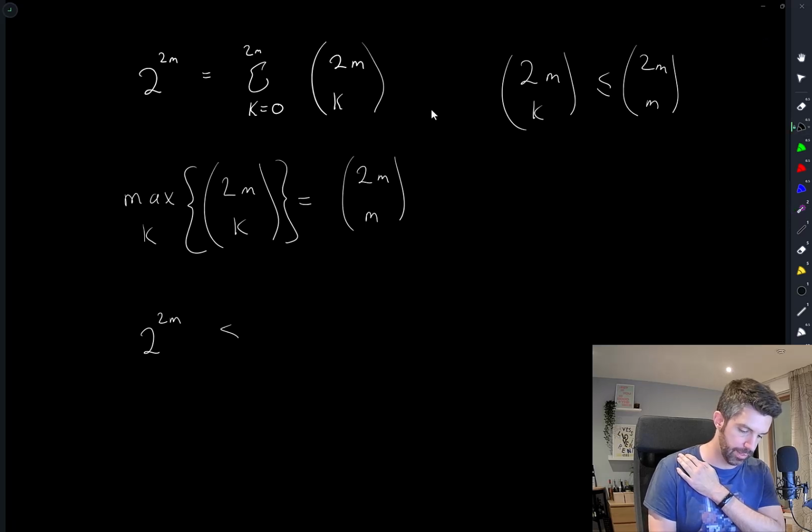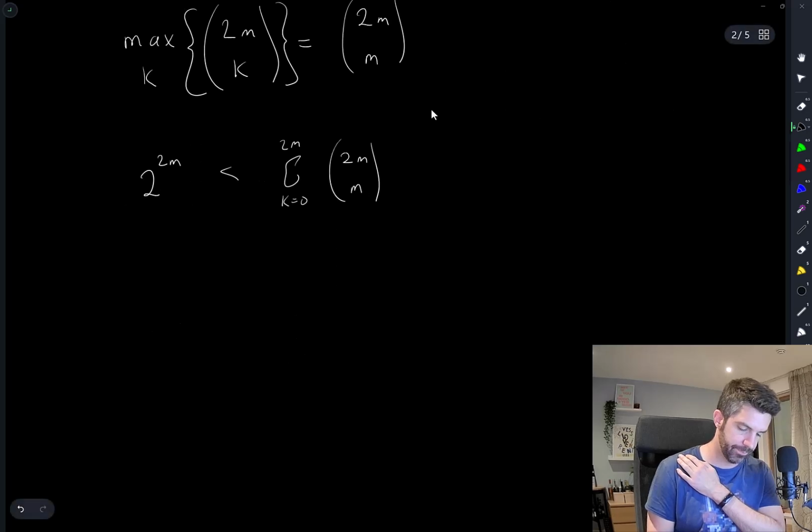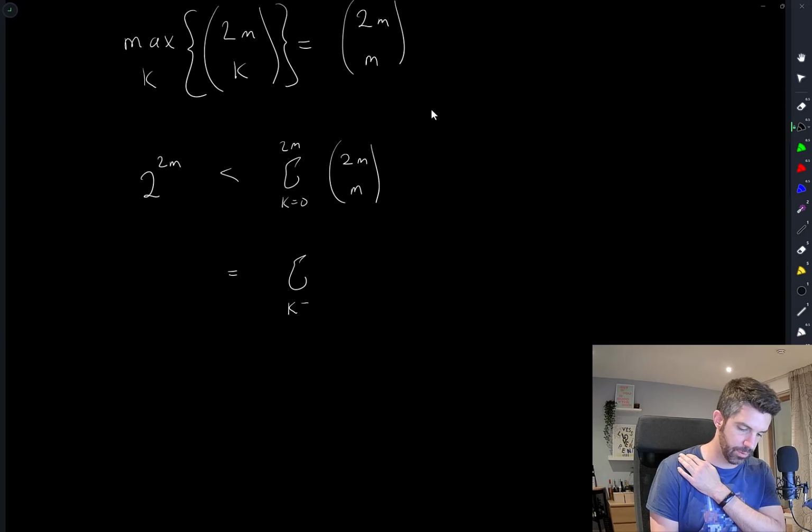This is less than the sum as k goes from 0 to 2m of 2m choose m, which is equal to 2m choose m times the number of terms, which is 2m plus 1.